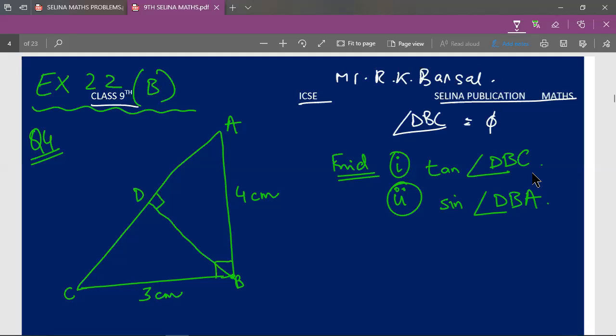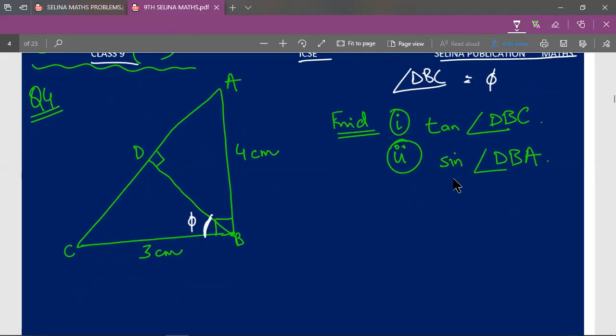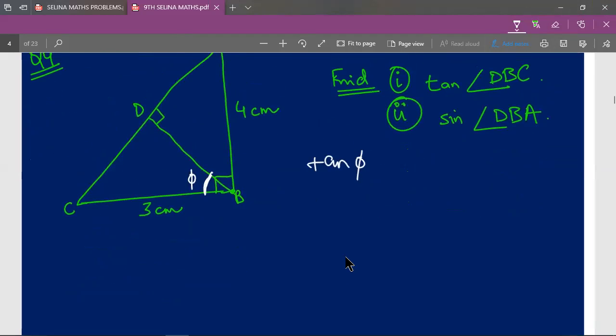So angle DBC is this angle, and we have assumed this as phi. The first part of question four is asking us to find tan phi. What does tan phi mean?